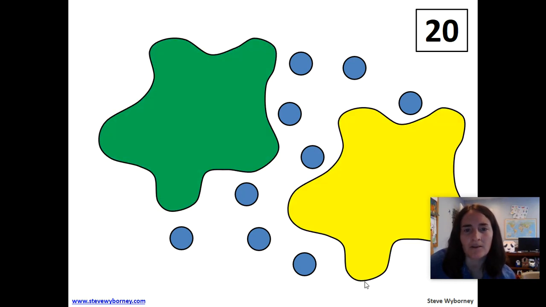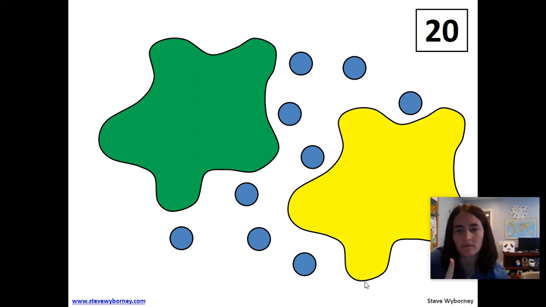So here's the splat. Your job is to figure out some different options for what could be under the green splat, what could be under the yellow splat. There could be multiple options here. So we do know there were 20 total. So take a minute and try and think about some possibilities.